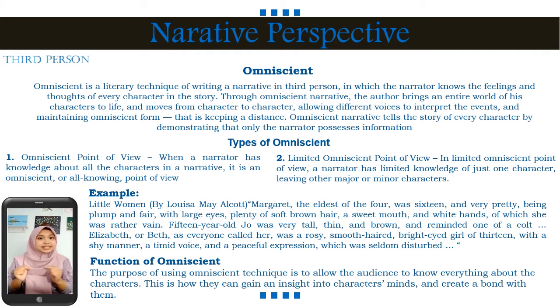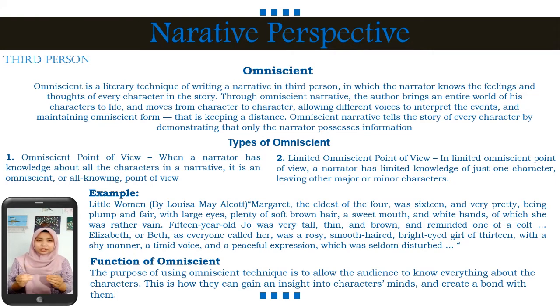By using this technique, the author or the narrator can bring us a story about each character specifically. They can move from one character to the next character. They can tell us about the relationship between one character and the next character.